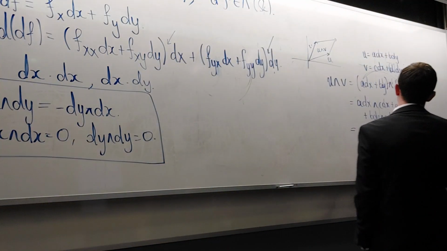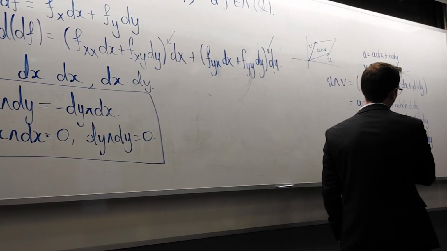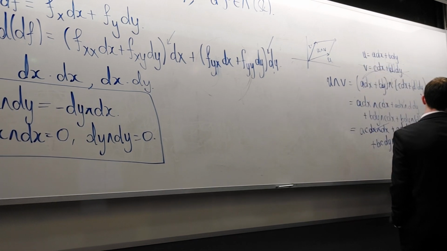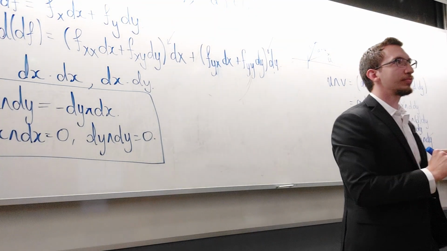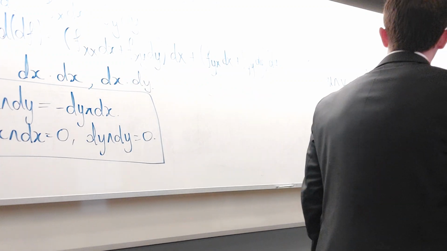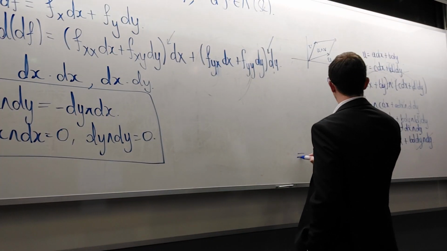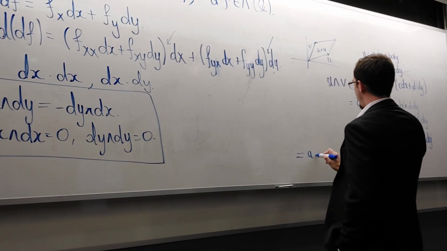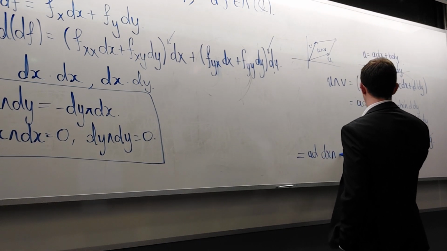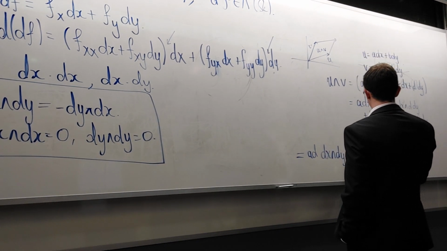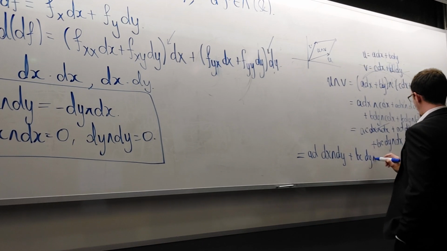So this term is 0, and similarly, this term is 0. Now what we obtain is ad dx wedge dy plus bc dy wedge dx.